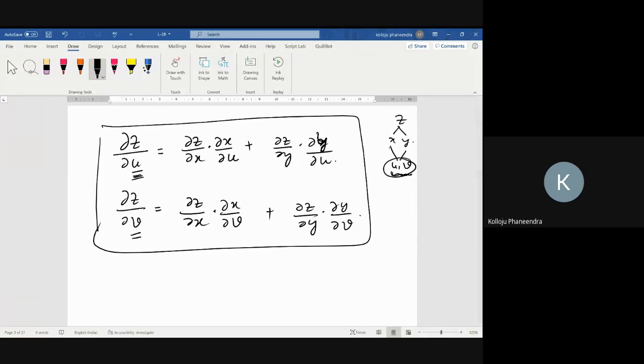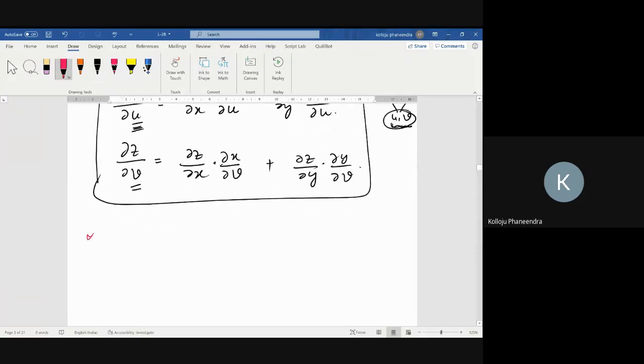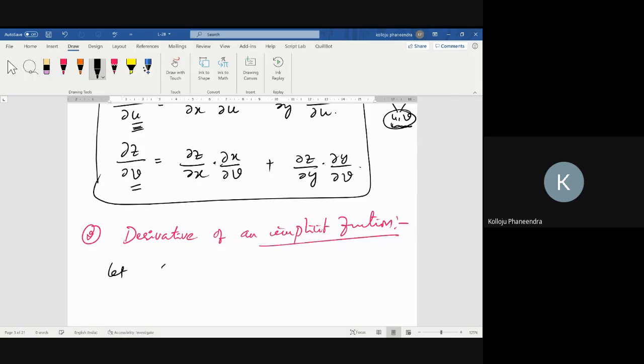Okay, now next one, total derivative of an implicit function. Implicit function means what? The variables are interrelated. For example, let f(x, y) = c be an implicit function.